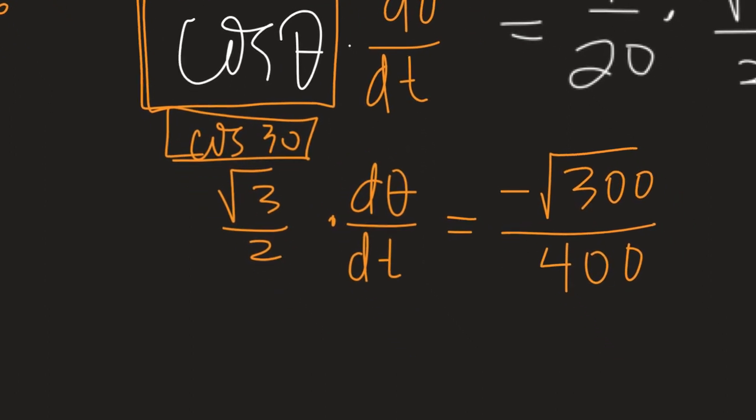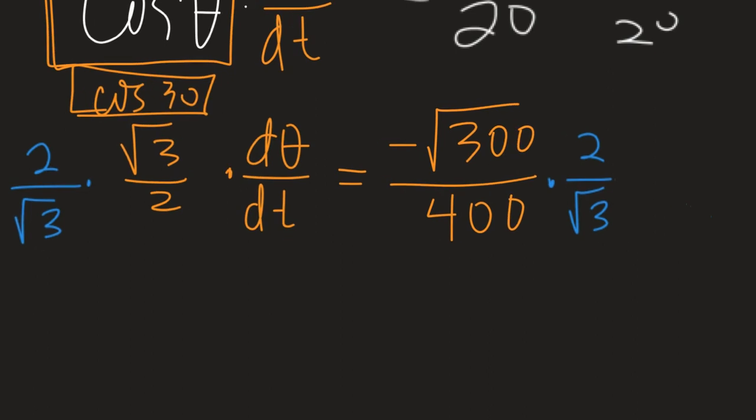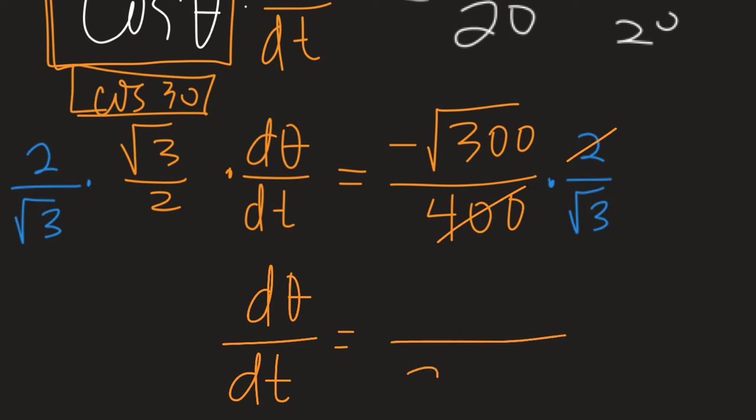So now I multiply by my reciprocal. This is a lot of stuff, I won't tell you lies. Multiply by 2 over root 3, because we multiply by the reciprocal whenever we're trying to get rid of a fraction. So d theta dt, the rate at which our angle is changing. These can cancel and give me a 200 on the bottom.